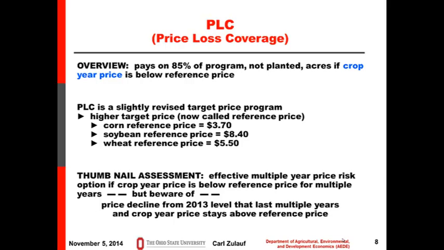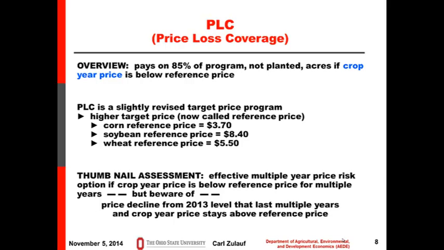Okay? But beware, if price declines from 2013 or last year's levels and it stays at that, but stays above the reference price, hence my previous statement about PLC would not make any payments if crop year average price was to average between $3.70 and $4, let's say, because you never get below $3.70.